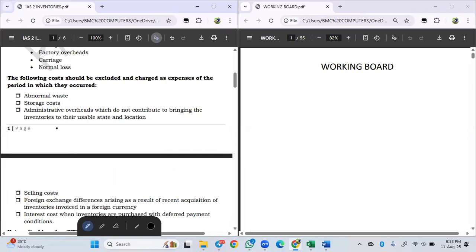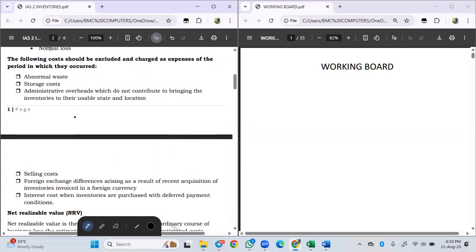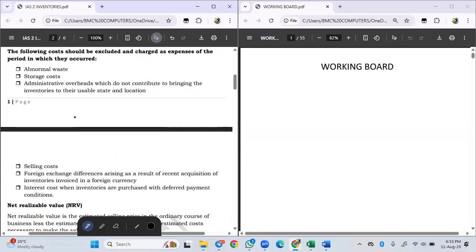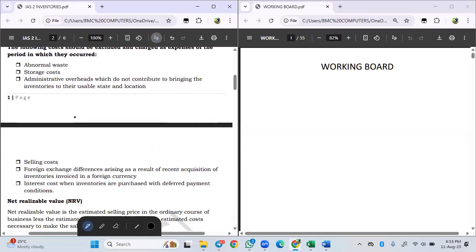the following costs should be excluded from it. So we are saying abnormal waste, and storage cost. It is not the storage cost of all the inventories; it's the storage cost of finished goods.